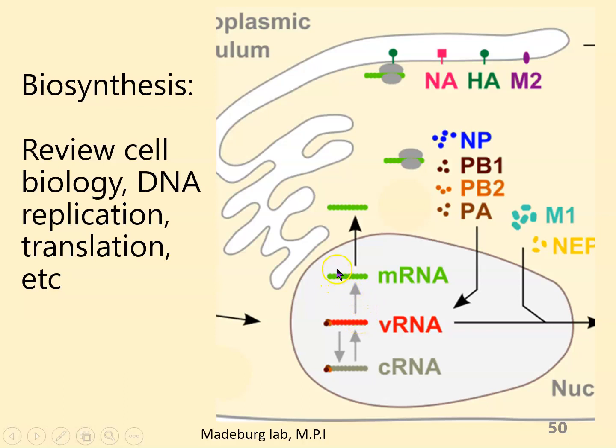Anyway, messenger RNA gets pushed out of the nucleus where it can be grabbed by ribosomes. Some ribosomes are free-floating in the cytoplasm and others are attached to the endoplasmic reticulum. The ones in the cytoplasm are going to make cytoplasmic proteins that can just hang out in the cytoplasm.